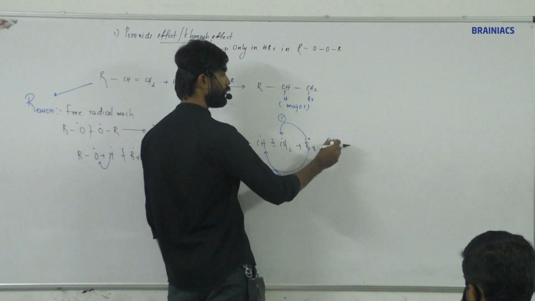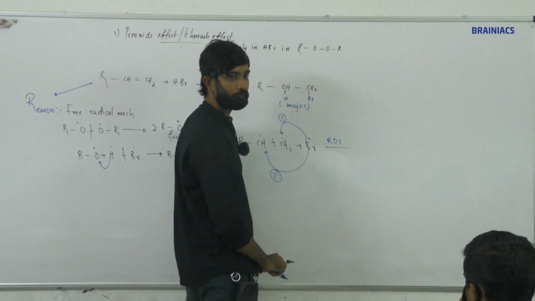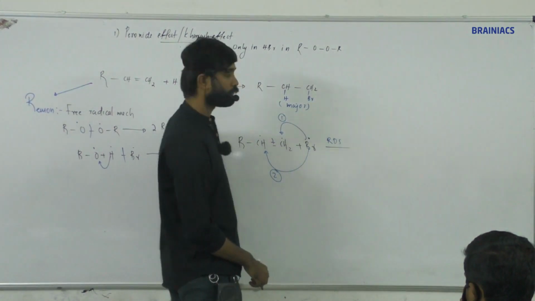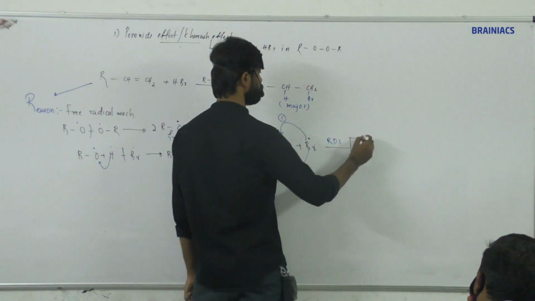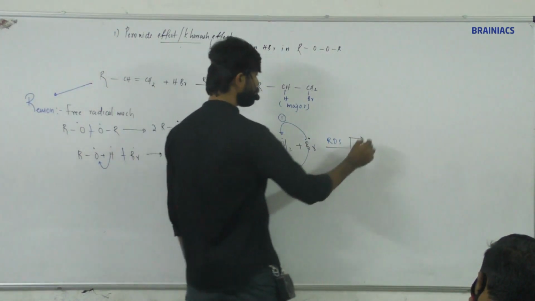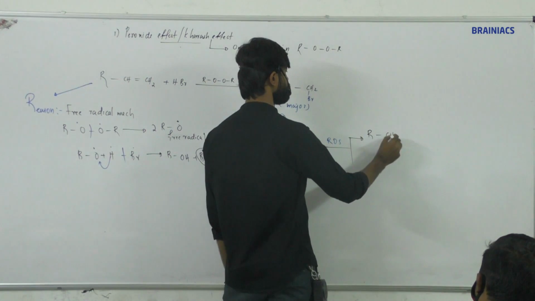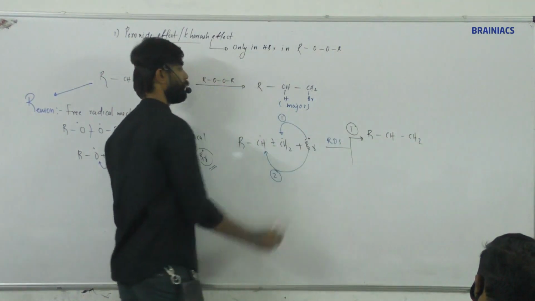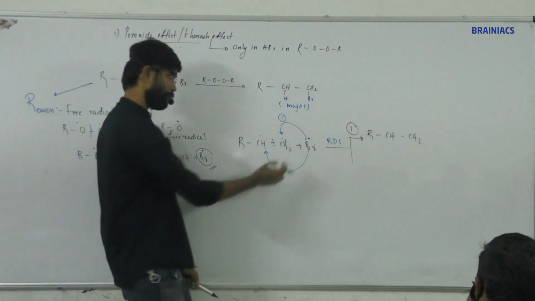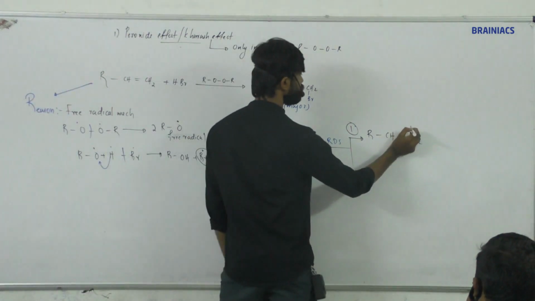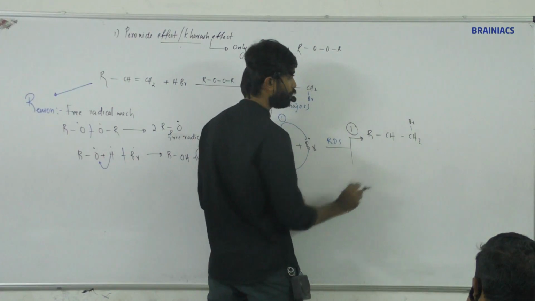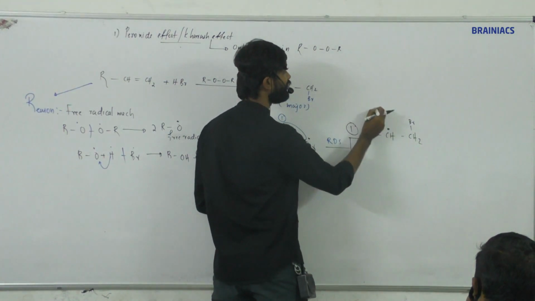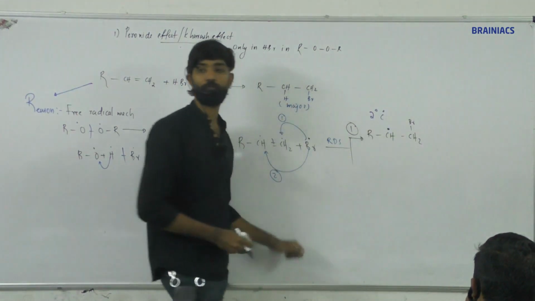And this is the RDS. So what about the products? R, CH, CH2. If the chance is 1, bromine goes to here, it becomes CH2, and we form a secondary carbon free radical.